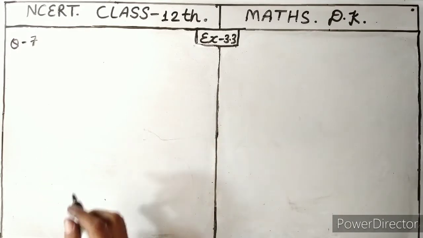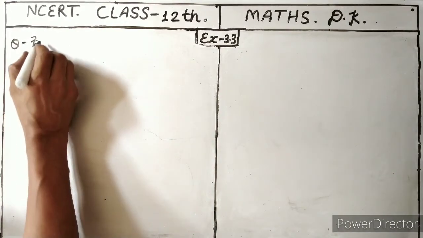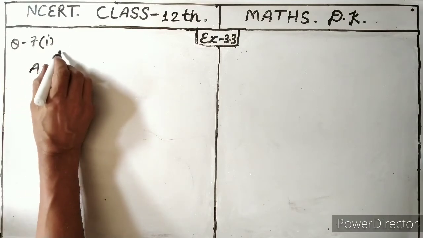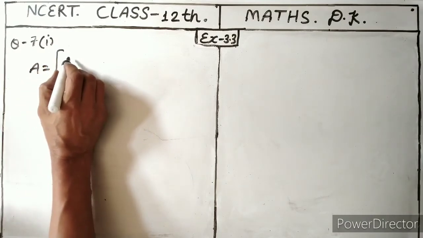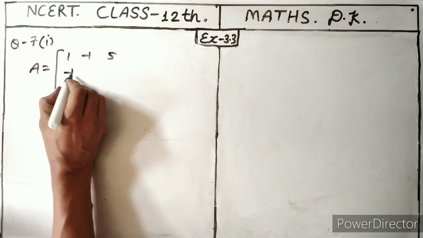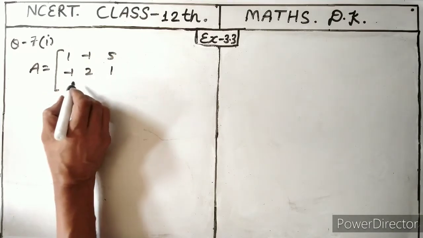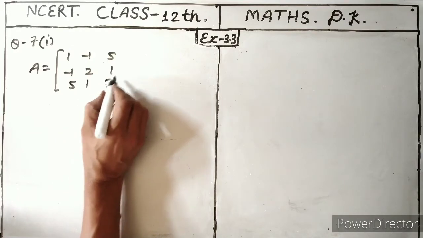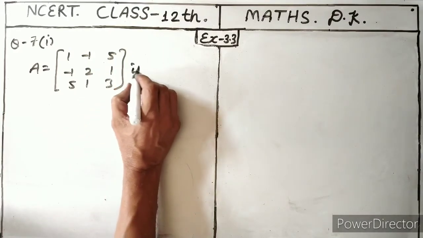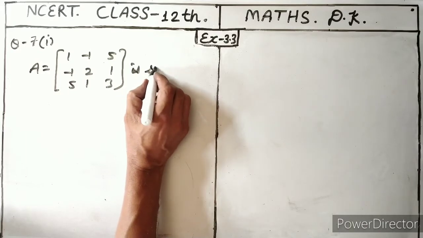Question number 7, first part. A matrix is 1 minus 1 5 minus 1 2 1 5 1 3, and we show that it is a symmetric matrix.